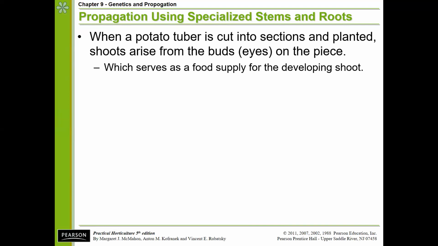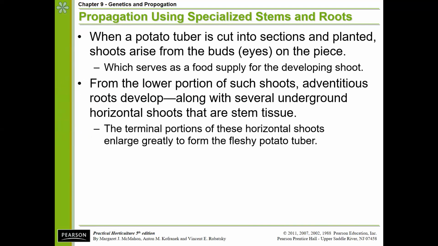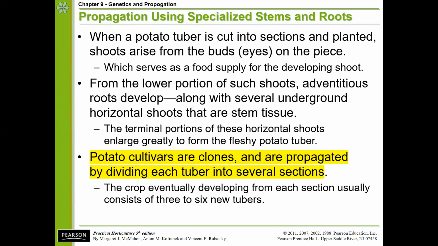You're doing some asexual propagation when you cut that tuber into sections where each section has a bud, an eye on it, and then you plant those and grow them. All potato cultivars are clones and are propagated by dividing each tuber into several sections. Often, with a larger seed potato, you can get multiple plants from that one potato.